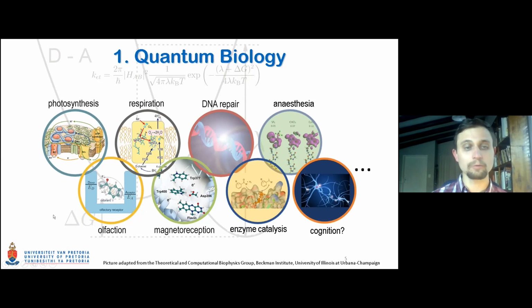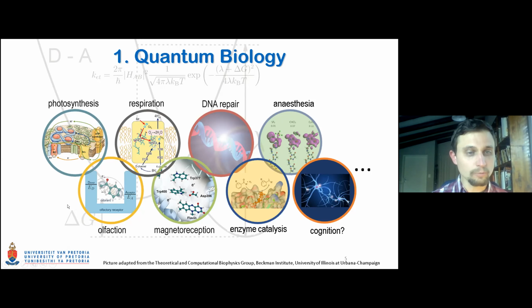Olfaction is the phenomenon of smelling. How does it come about that we can smell so many different odorants, so many different smells? It has been proposed that quantum mechanics plays a role in this in order to give the very large diversity. The mechanism that has been proposed has to be tested experimentally, but it does make sense from a theoretical point of view.